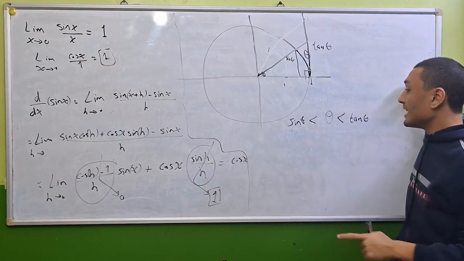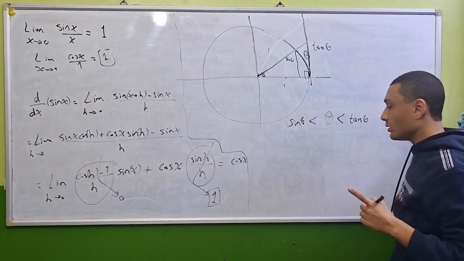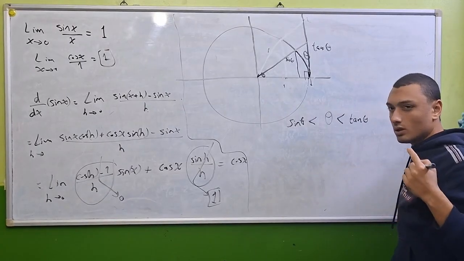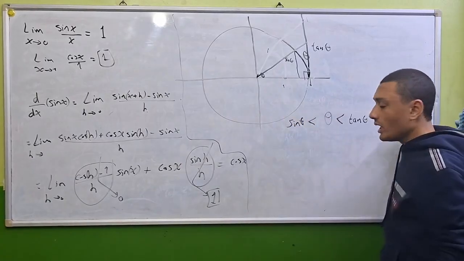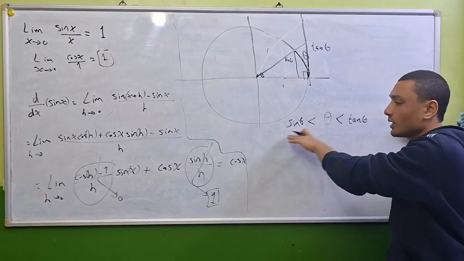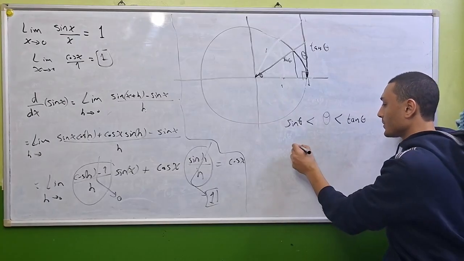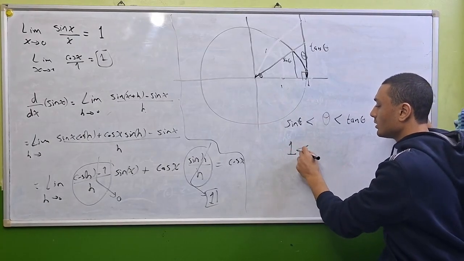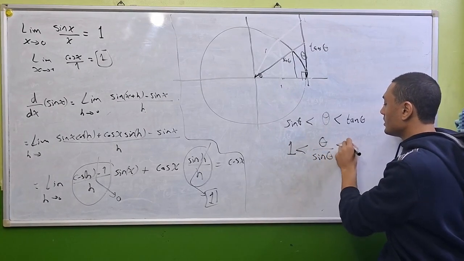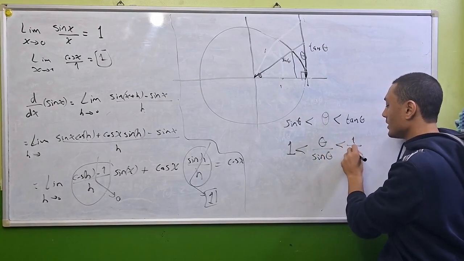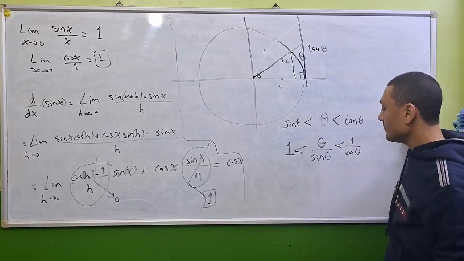So dividing by sine theta on all of this, you know, sine theta is a positive number because theta is small, so we can divide safely and the inequality holds. So this would be 1 and this is theta divided by sine theta, and this is 1 over cosine theta, because tan theta is sine theta divided by cosine theta.